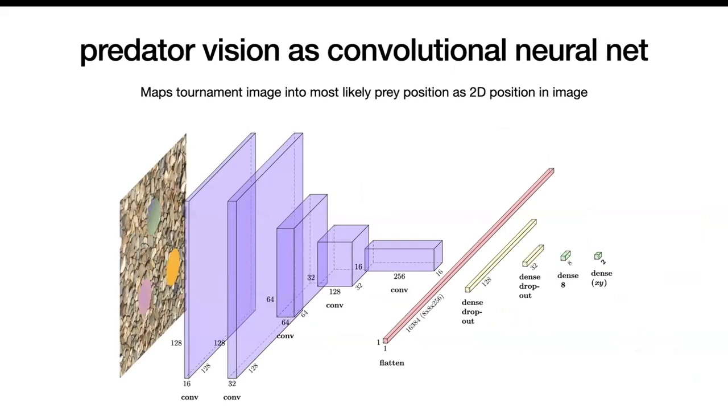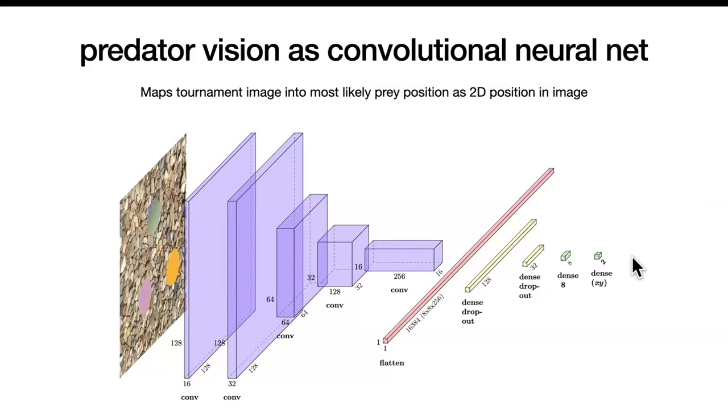And real quickly, this is a convolutional neural net, which is the basis of the predators. So over here, this is meant to be one of these tournament images, goes through this kind of series of convolution layers, and out the other end comes 2 numbers, which are a location within the image.